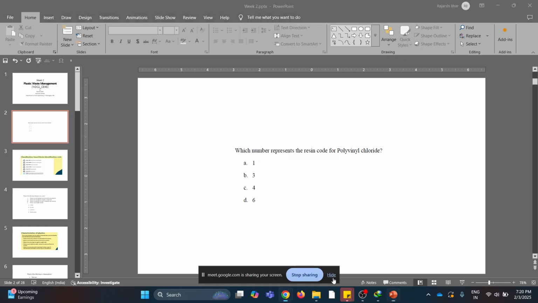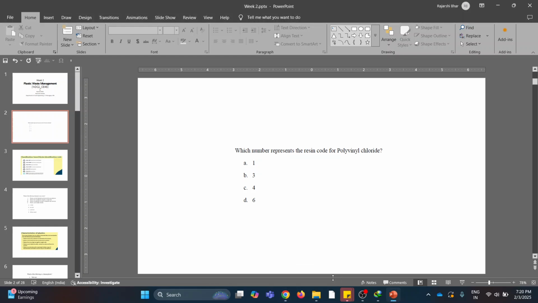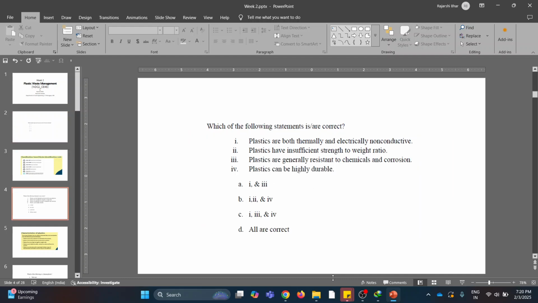Okay, so the first question was the number that is present on PVC. It is number 3. It determines the kind of plastic or polymer. Then the properties of these plastics are that they are both thermally and electrically non-conductive.